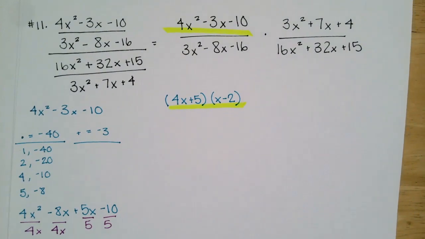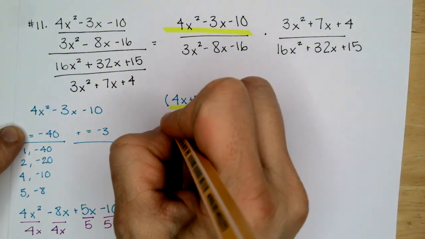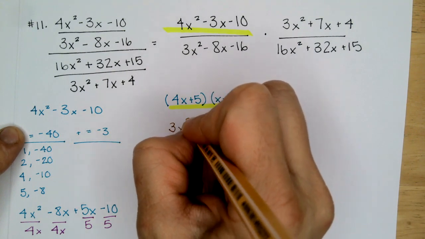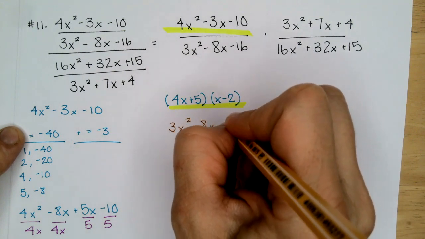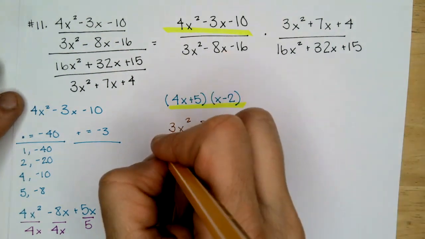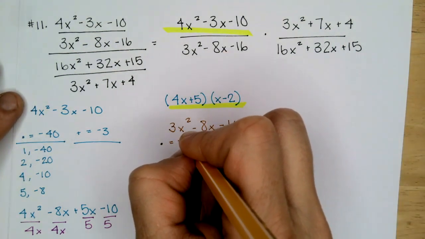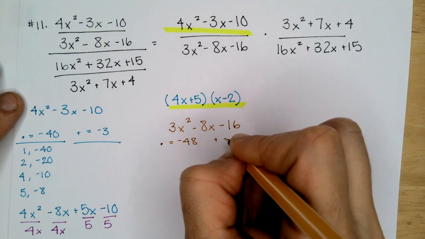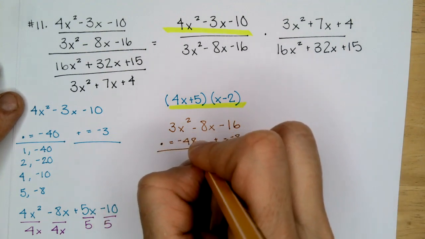Let's go on to the 3x squared minus 8x minus 16. So 3 times a negative 16 is a negative 48. So I need two numbers that multiply to equal negative 48 and add to equal negative 8.